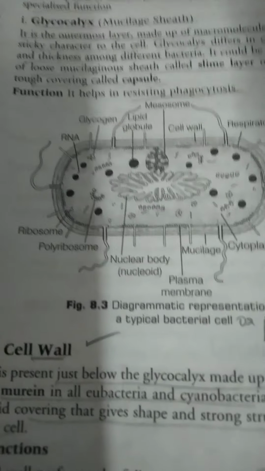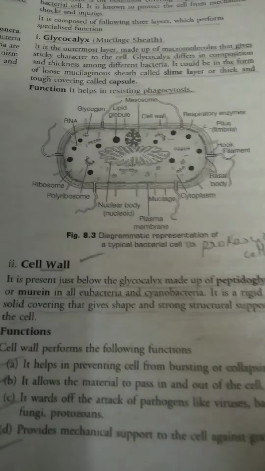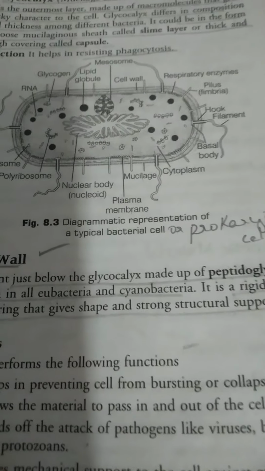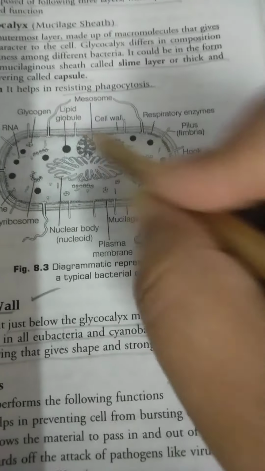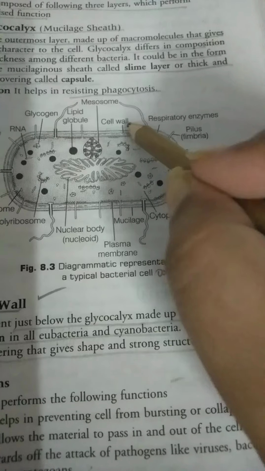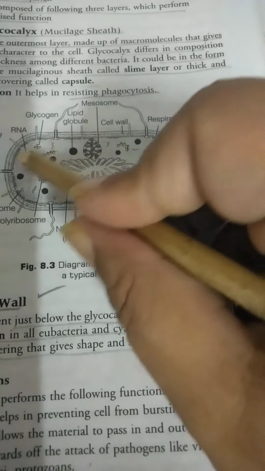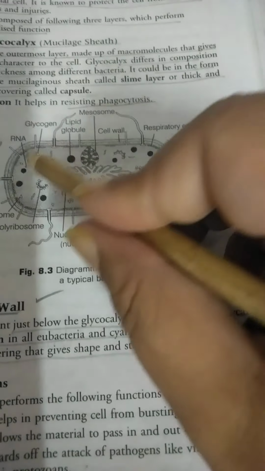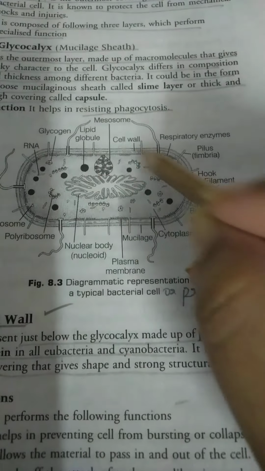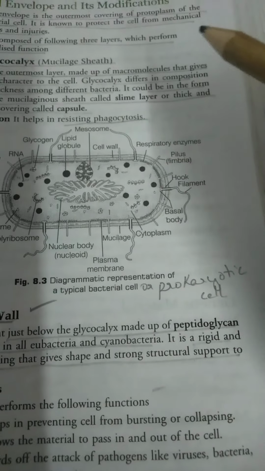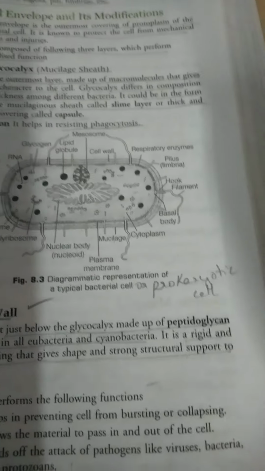Okay. Now the second one is the cell wall. This is the cell wall, as you're seeing. This cell wall is present just below the glycocalyx and it is made up of peptidoglycan.